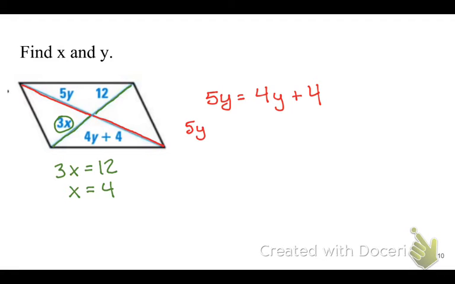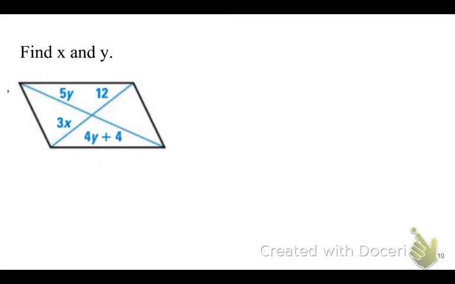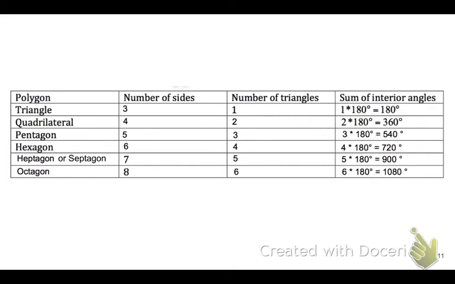So we're going to subtract 4y from both sides. 4y minus 4y, that goes away. 5y minus 4y is 1y, so we just write that y is equal to 4. And you're done. I think that was the last one.